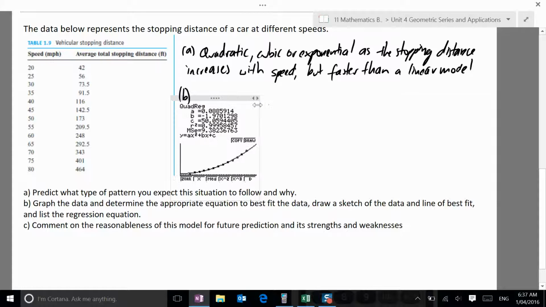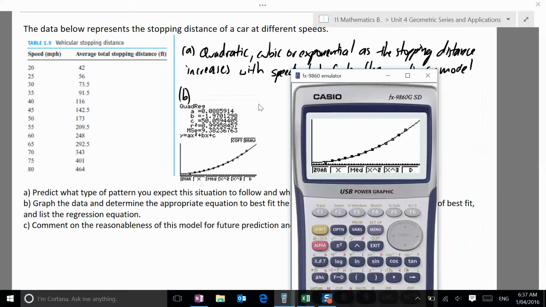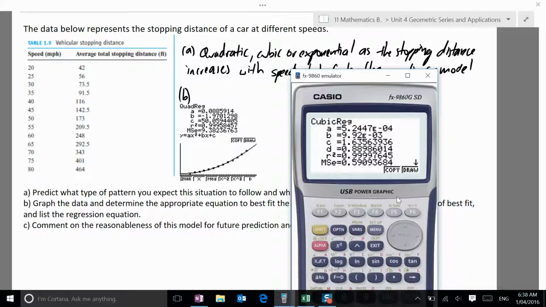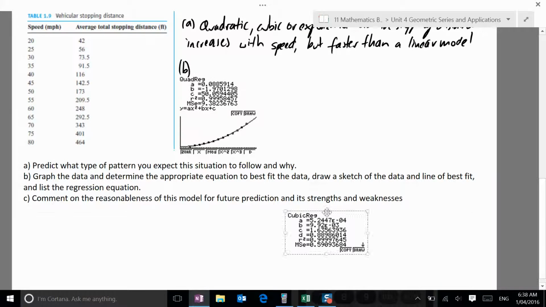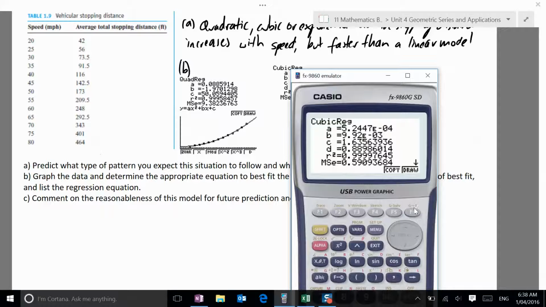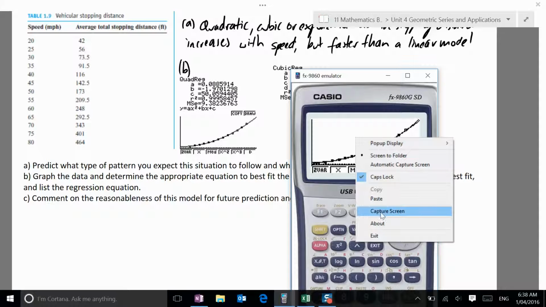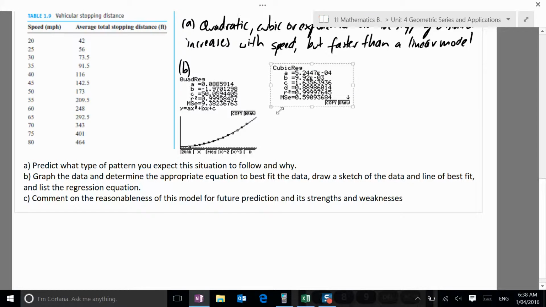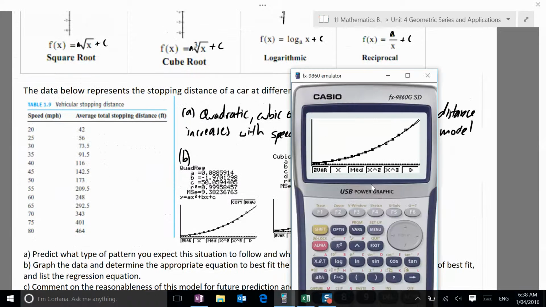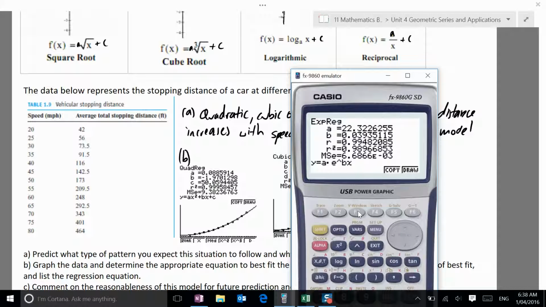May as well do the same thing for cubic and exponential. So here's my cubic one. I'll copy this and draw this one as well. And I better draw an exponential one as well. I think in your calculators you have two different options. I'd recommend choosing the one that doesn't have E on it.